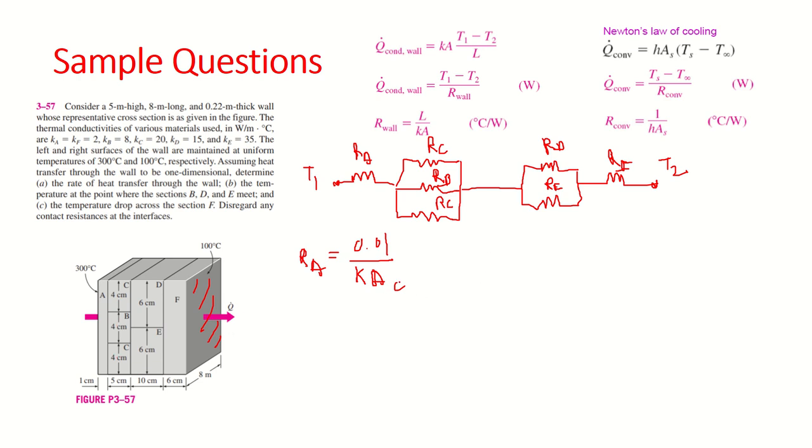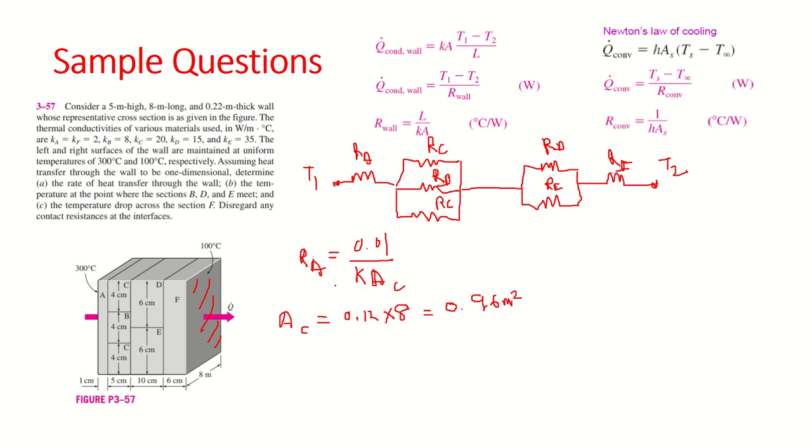So the area will be 0.12 multiplied by the length, 8 meter, so you get the cross-section area as 0.96 meter square.